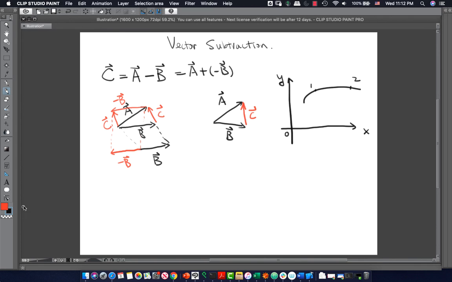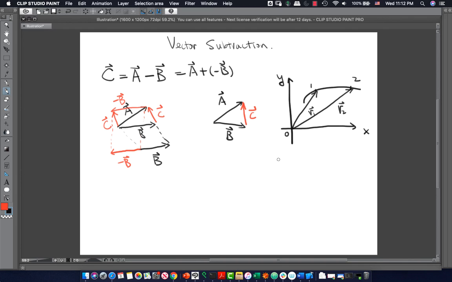Okay, so at position 1, we know this object's position vector is given by R1. And at position 2, its position vector is given by R2.